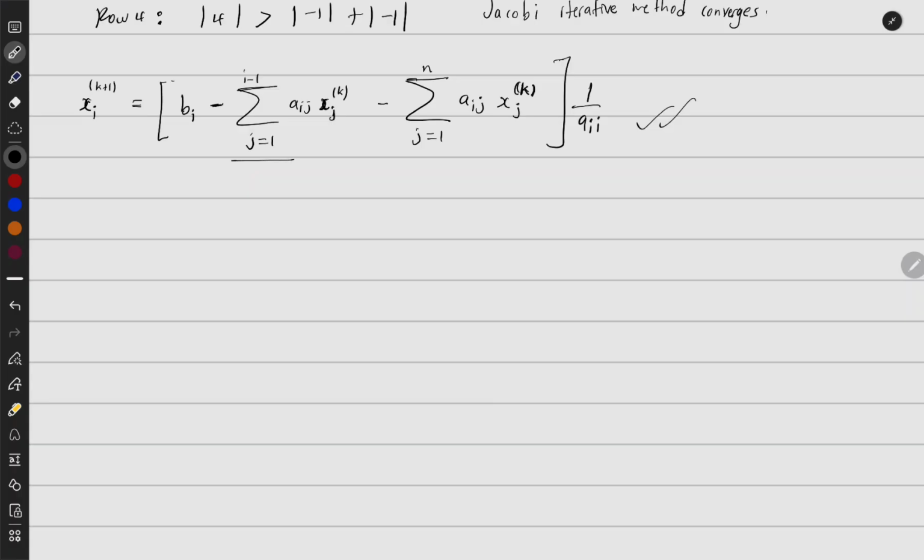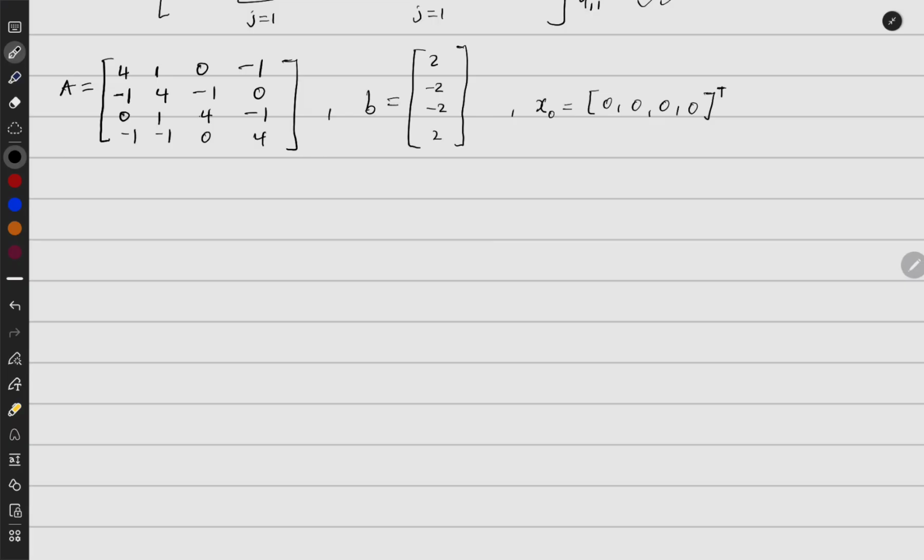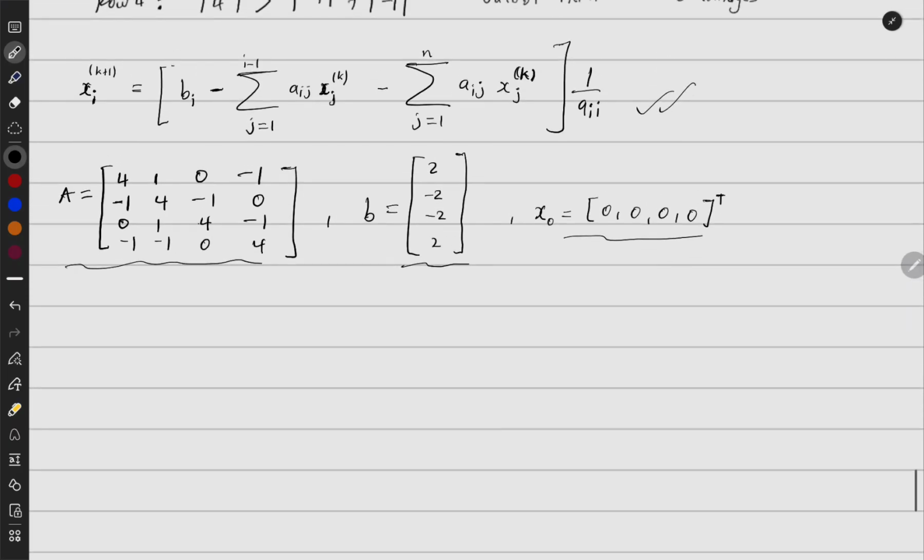When using the Jacobi method, we use the entries before the diagonal element and the entries after the diagonal element in the same row, in the row i. From our method we have matrix A. To use the method we need A, we need b, and we need x naught, the initial value.